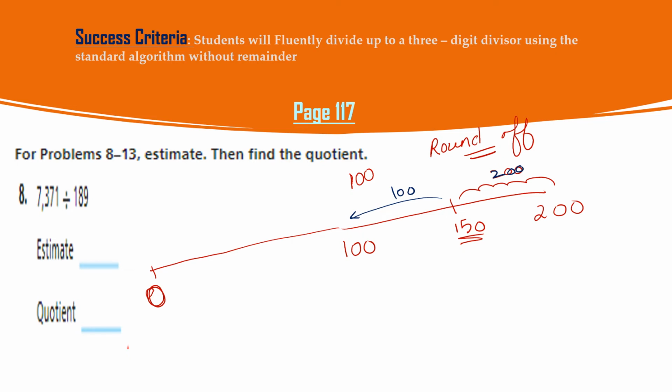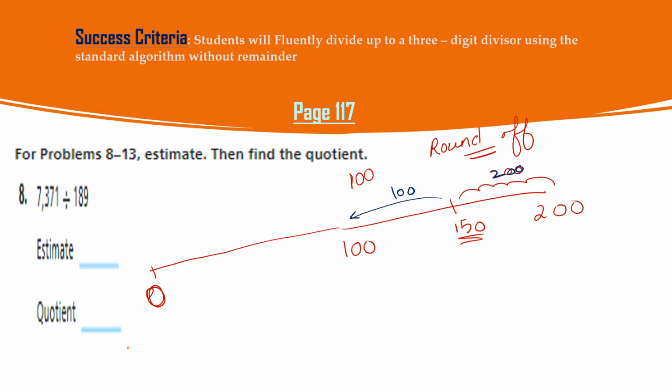This is the first thing: whenever any number is given to you, in order to round off, you find out where your number is lying. Find the middle of that range. If the number is more than the middle, you will take the bigger side. Otherwise, you will take the lower side.